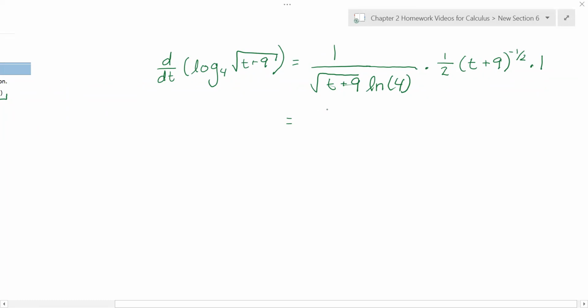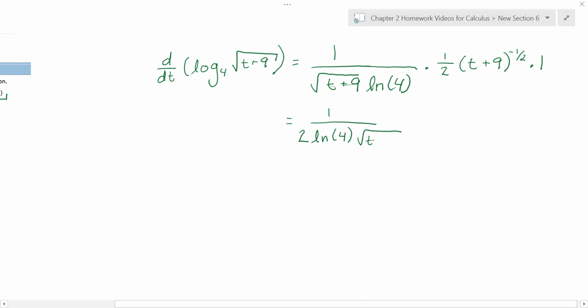So if we simplify that, we get 1 over 2 natural log 4 times the square root of t plus 9. I'm going to put the 2 natural log 4 out front.